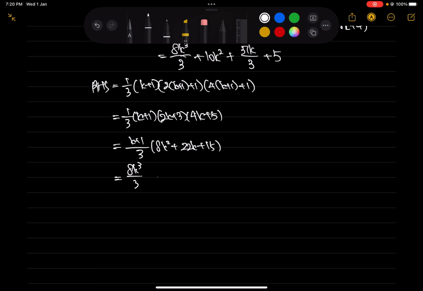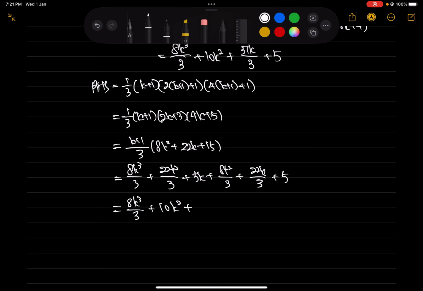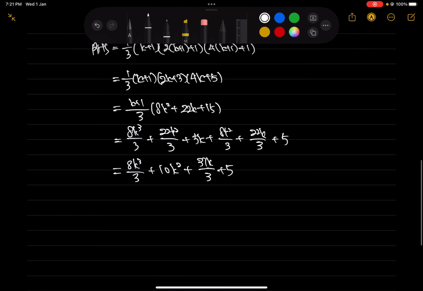Which means we have 8k cubed over 3 plus 22k squared over 3 plus 15k over 3, which is just 5k, plus 8k squared over 3 plus 22k over 3 plus 5, which means we get the exact same thing. 5 plus 22 over 3 should be 37 over 3 plus 5, and they equal the same thing, equal to LHS, which means Pk plus 1 holds when Pk holds.